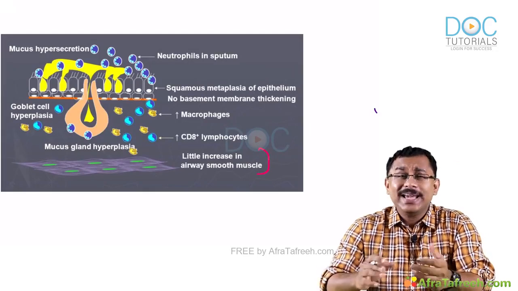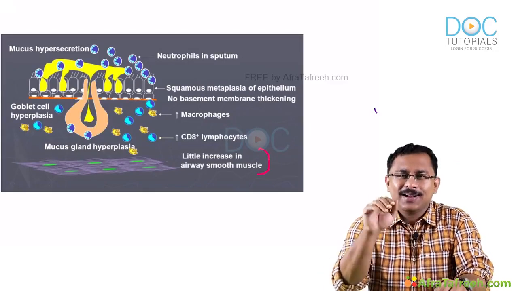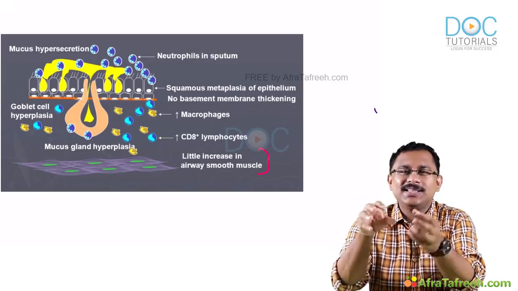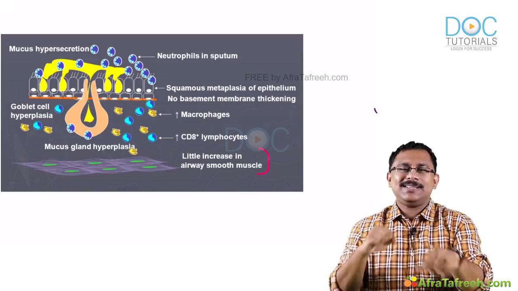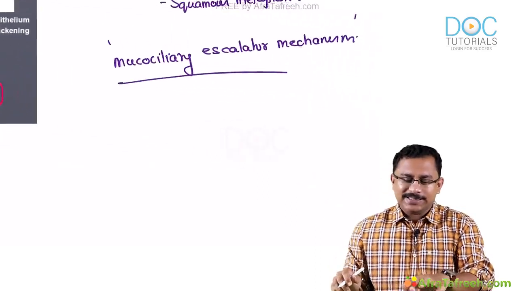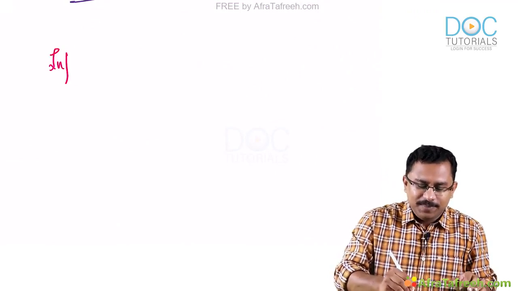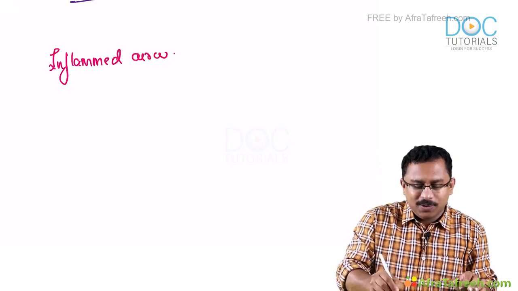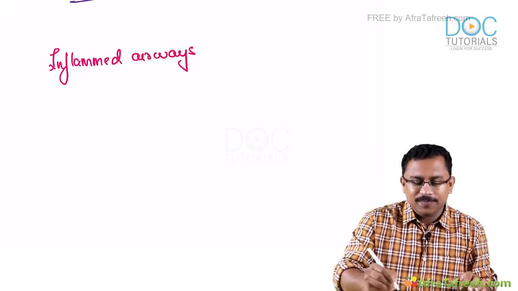So what is the major change that you are seeing in chronic bronchitis with respect to emphysema? You are seeing some mucus accumulation in the airways, which are inflamed. Because this is chronic bronchitis, this is inflammation.